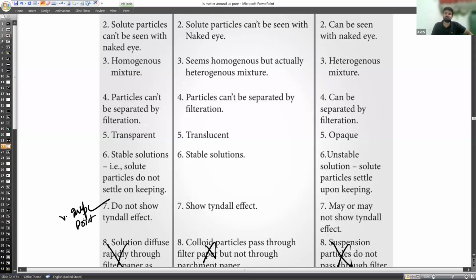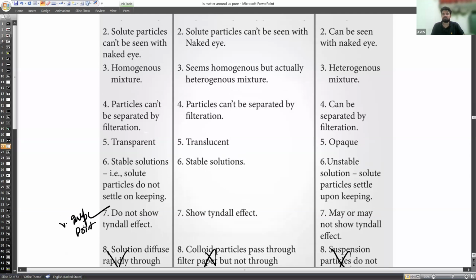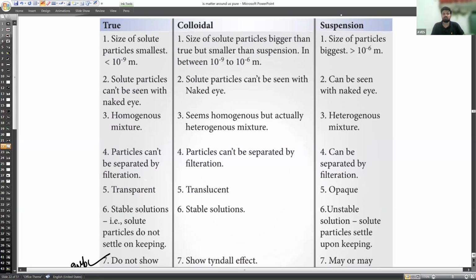Note it down. Just start writing, please, and try to memorize it fast. Just a minute, let me plug in there.